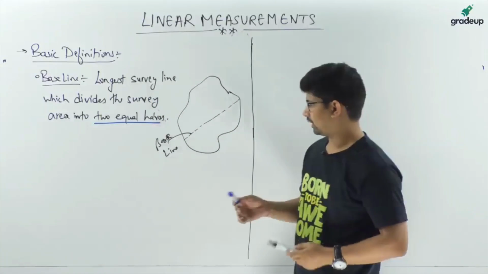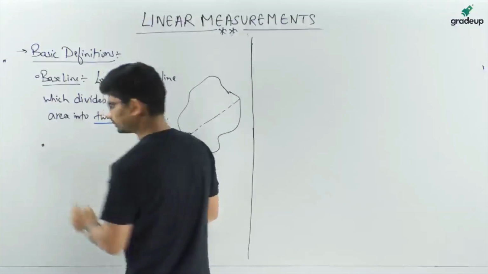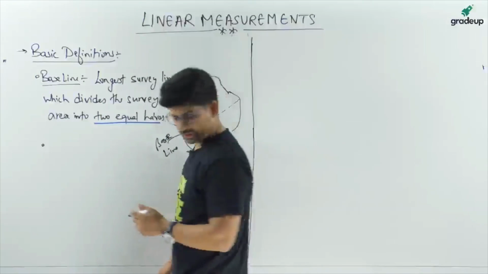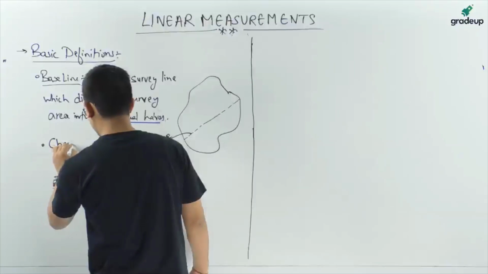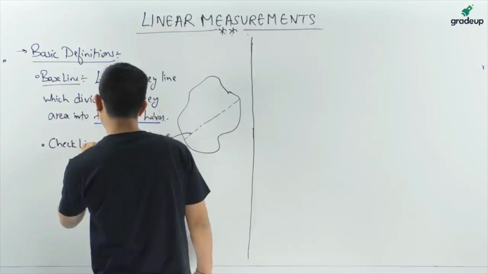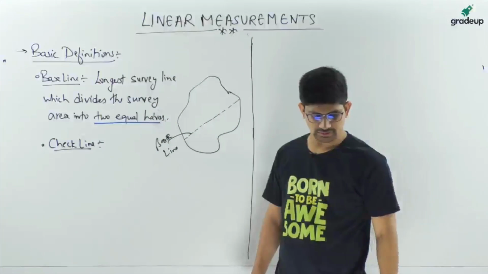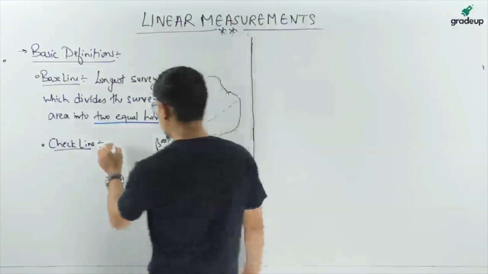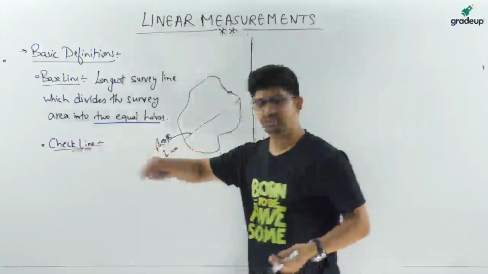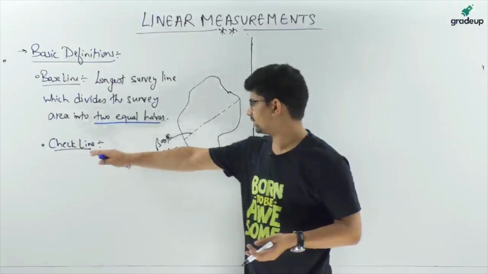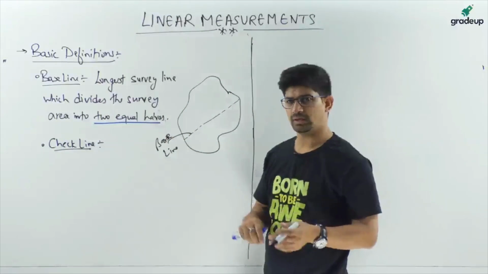Okay, now the second one is check line. Okay, so the second definition is check line. Now check lines are, as you can know from the name itself, it's getting clear that it is used to check the survey. Okay, and what you check?